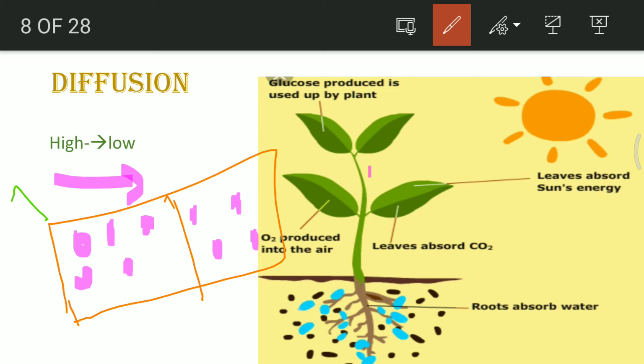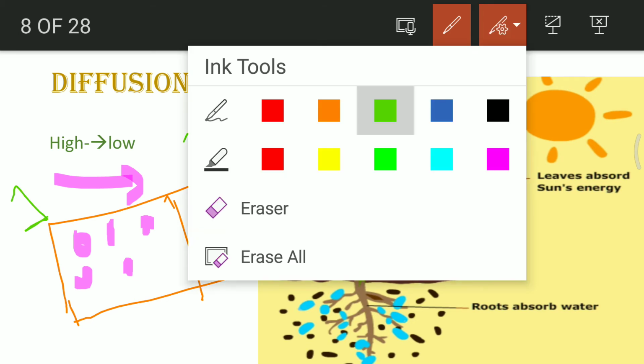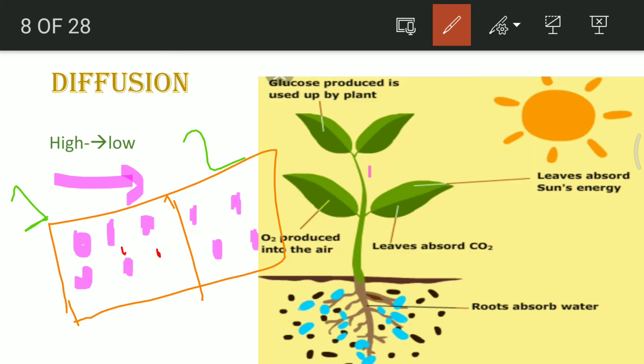In the first box we have ten solutes, suppose it is sugar.